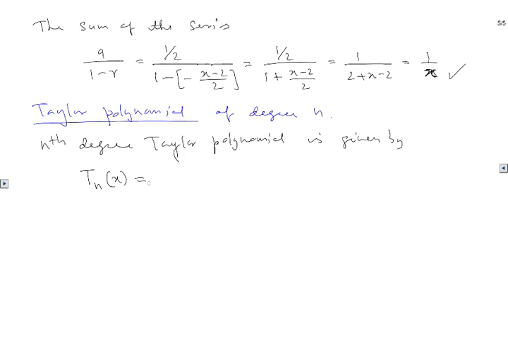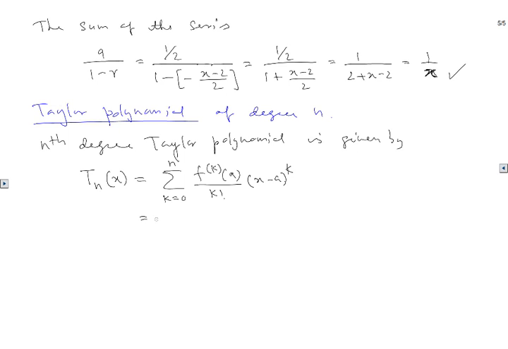Tn(x) is a polynomial, and we're going to sum it only to n. This is the reason we use k here, because you have to put n there. When you put n, it's called the nth degree Taylor polynomial. So it is f^(k) evaluated at a. It's the same thing, but it stops at n. That's the only difference. Divided by k factorial, times (x minus a) to the kth power. So that's what we call the nth degree Taylor polynomial.